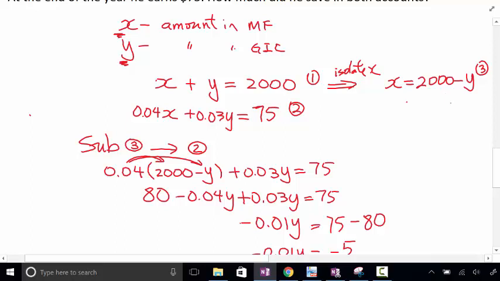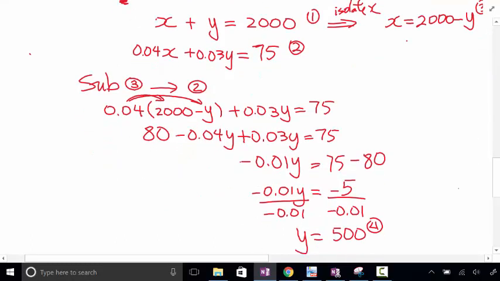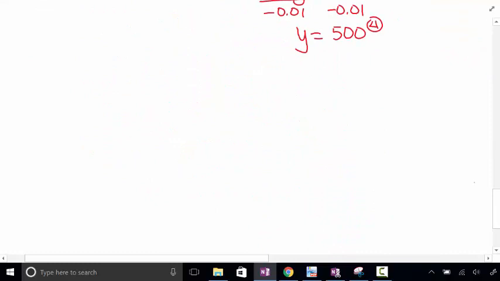That's what we need. I want to know what x equals to. Well, it says x equals 2,000 minus y, which I know now is 500. So that's all I have to do, and I get x. Okay? So I'm going to sub in number 4 into number 3.